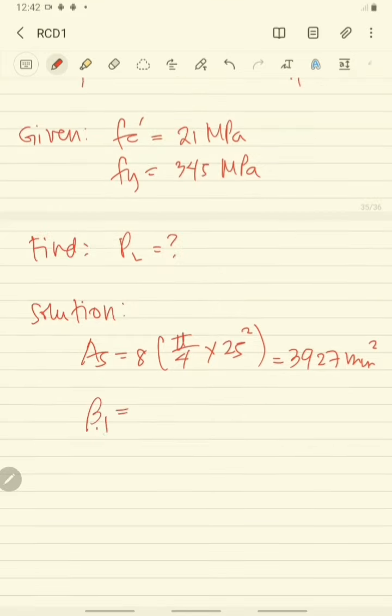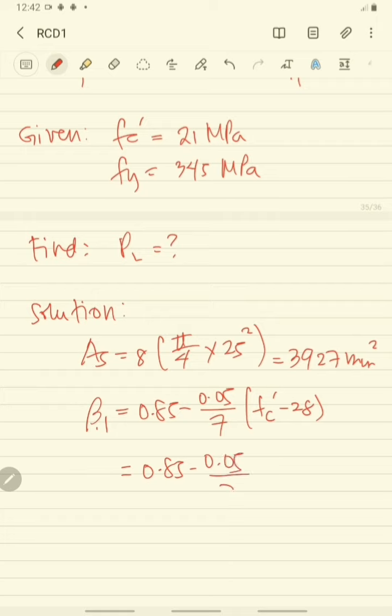Okay, for the beta 1 or the beta factor, we have the formula 0.85 minus 0.05 divided by 7 times Fc prime minus 28. So we substitute the value of Fc prime into our formula. Beta 1 is equal to 0.85 minus 0.05 divided by 7 times 21 minus 28.